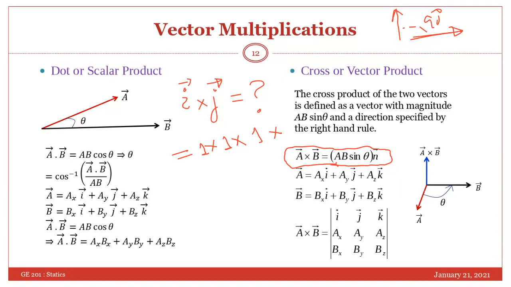So can you tell me what will be the direction of i cross j? In which direction will it be acting? See here, this is i, this is j. When you take i cross j, use the fingers, turn from the first vector to the second vector. I move towards j, so the thumb will be pointing towards your face.